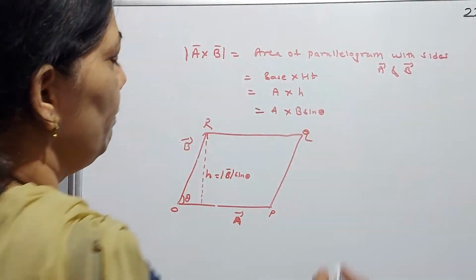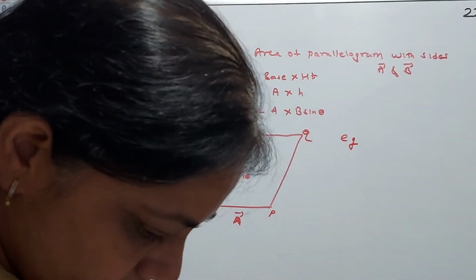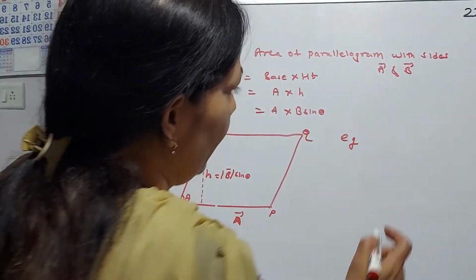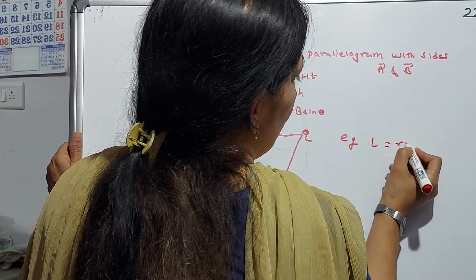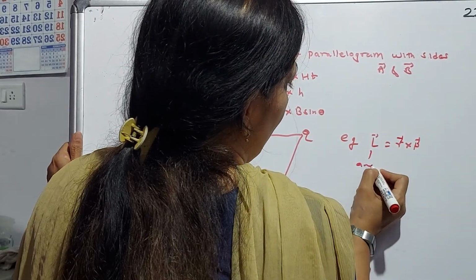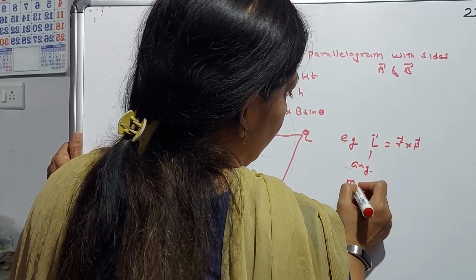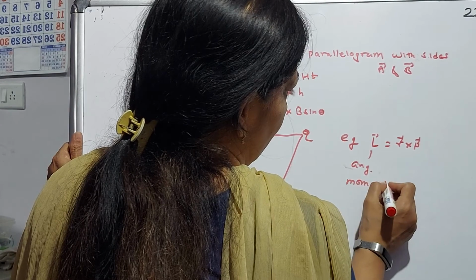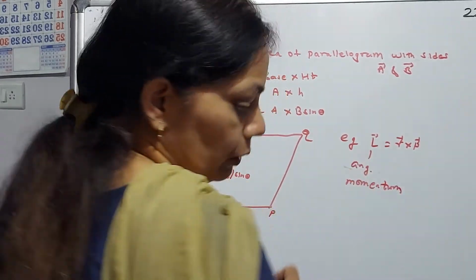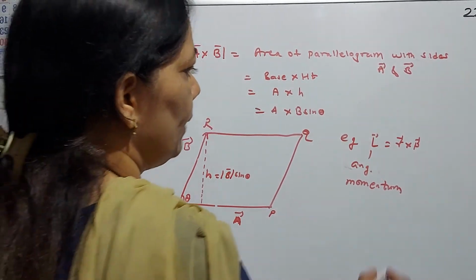Correct? Now what examples can we give? An example of this is angular momentum L is equal to R cross P, where R is the position vector and P is the linear momentum.